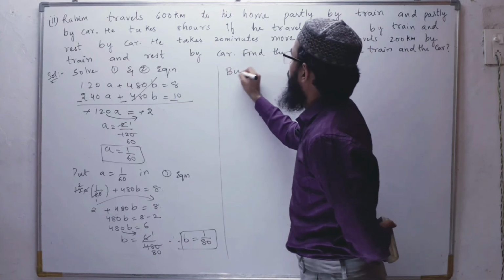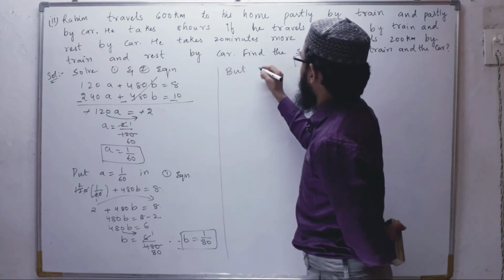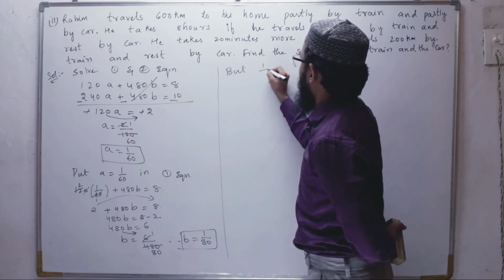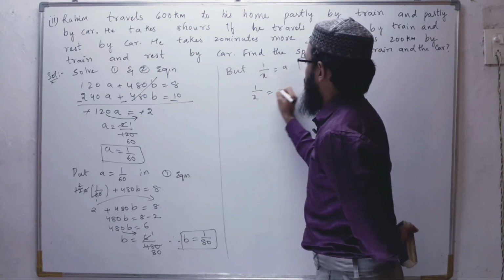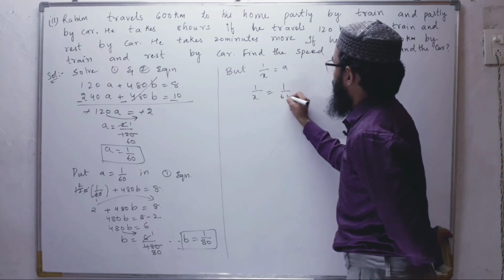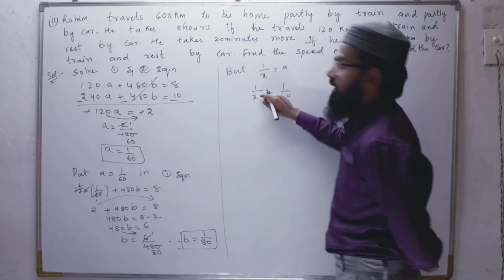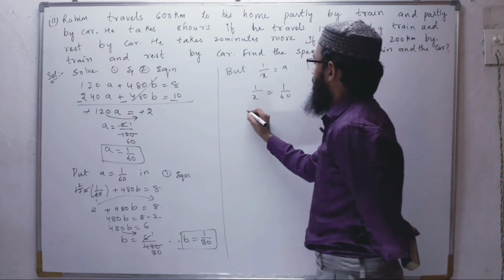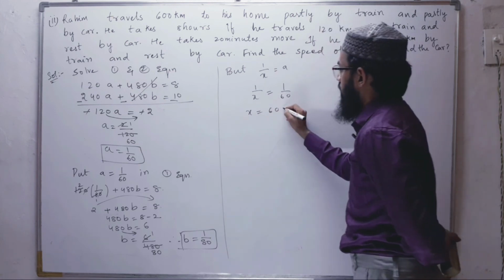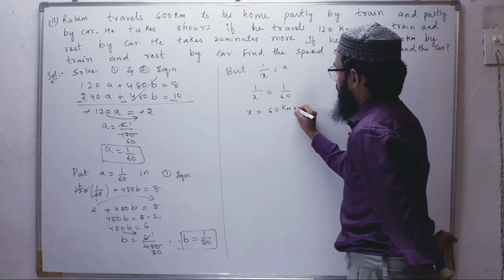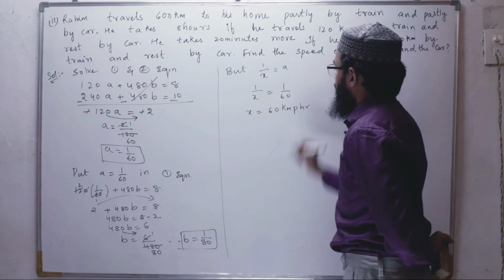But we know what a is. 1 by x is equal to a. So 1 by x is equal to 1 by 60. Therefore we write the reciprocal of 1 by x, that is x is equal to 60. The reciprocal of 1 by 60 is 60 kilometers per hour.